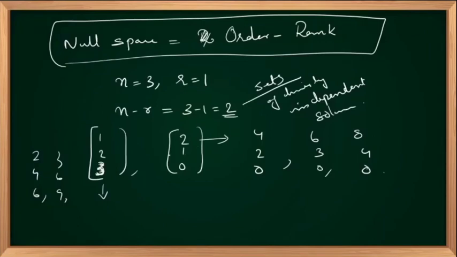So, is the idea of a homogeneous system of linear equations clear to you? If I ask you one particular question: my system of linear equations is given by Ax equal to 0, the order of A is 5 by 5, and the rank of the matrix is 5. How many solutions are there?